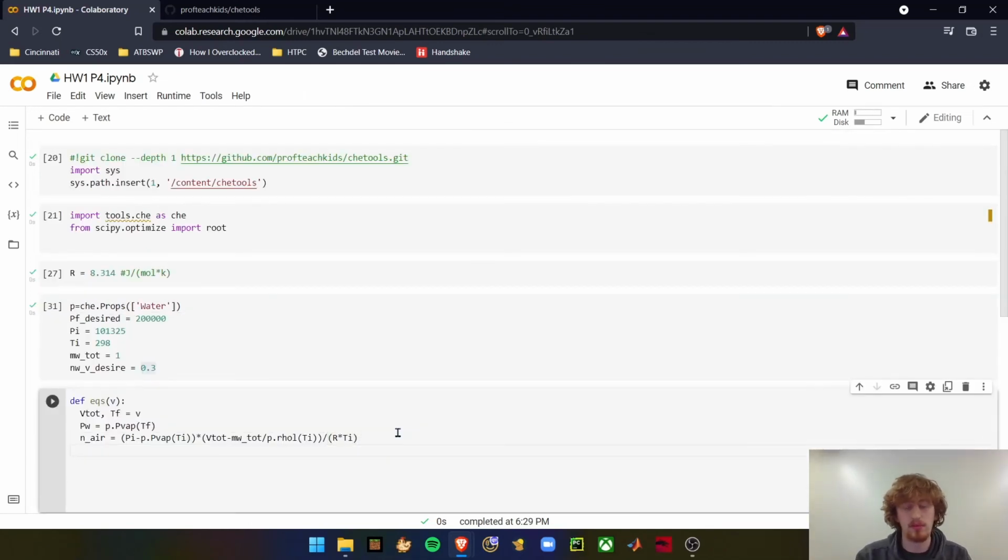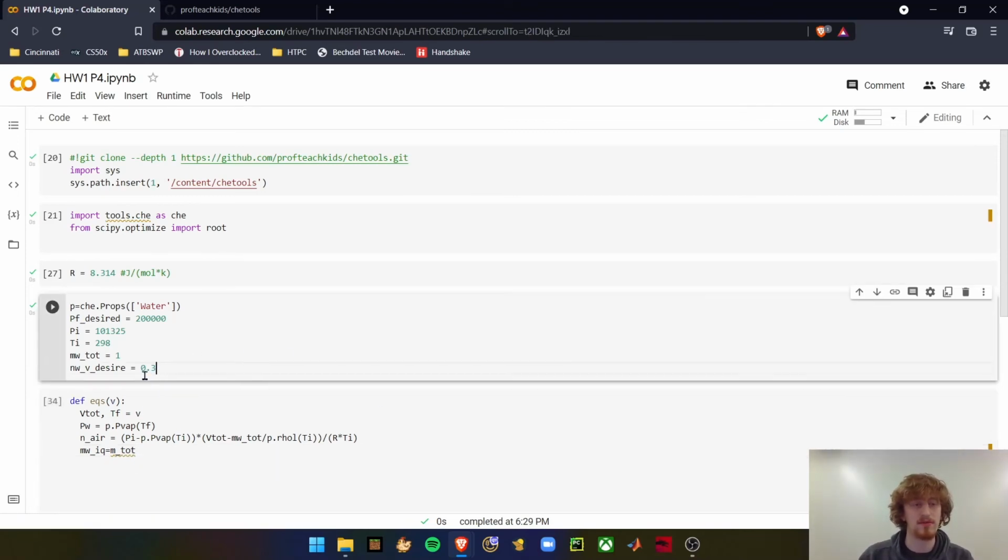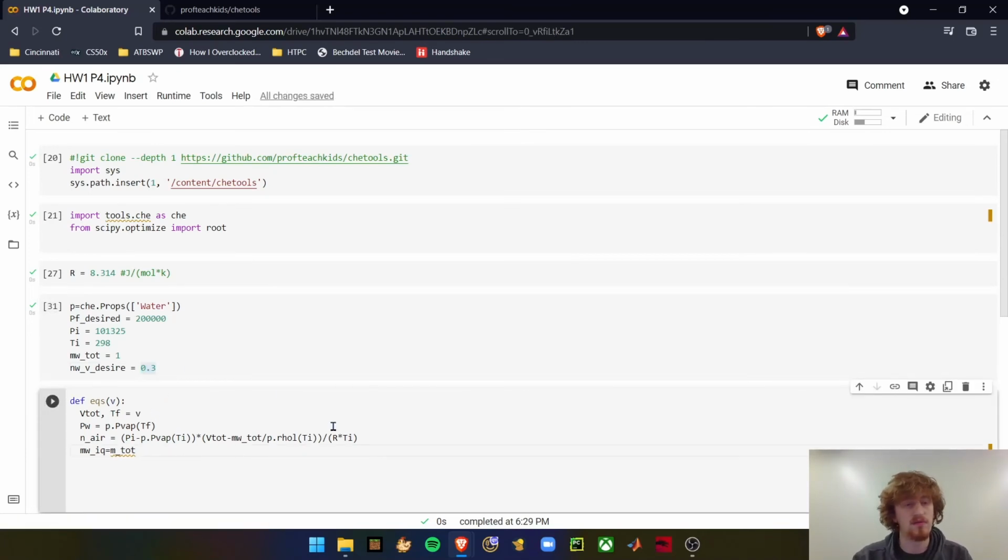So the next thing that we can put in is the mass of water in the liquid phase is going to be equal to the total mass of water minus the mass of water in the vapor phase. And if you remember, we can find the mass of water in the vapor phase by simply multiplying the number of moles we have of vapor water with the molar density of the water. So it will be mass of the water total.